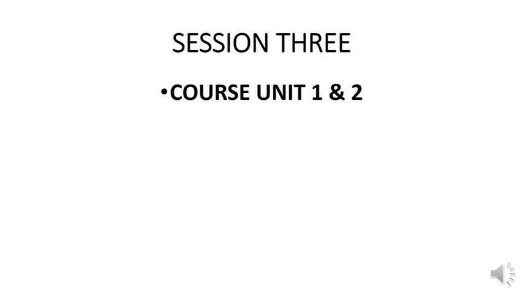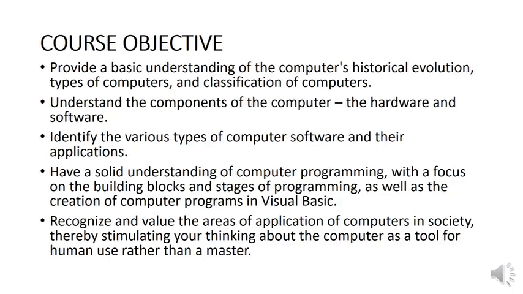So in this particular section, we are diving into another area of Introduction to Computing 2. And in this section 3, I'm going to cover unit 1 and unit 2. The objective of the course still remains the same. It's still the same objective that we have in section 1 and section 2.